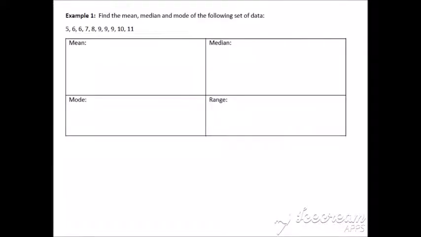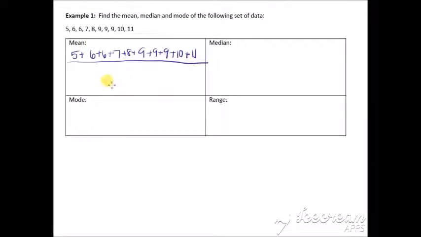Now let's actually find the mean, median, and mode of a data set. So here's the data here. What is the mean? So the mean, you have to take every single value. So we have 5, 6, 6, 7, 8, 9, 9, 9, 10, and 11. And we actually have to manually put that all into our calculator.